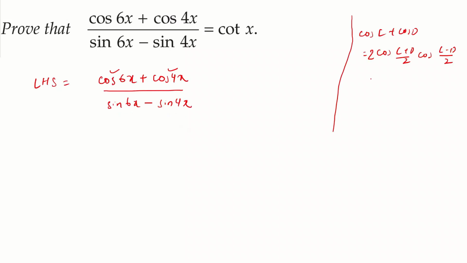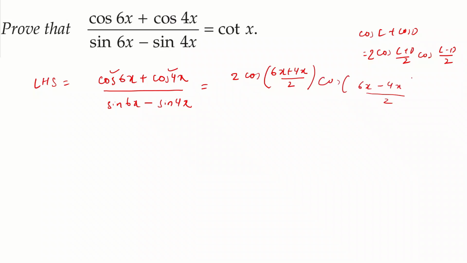Okay, so cos c plus cos d is 2 cos (c plus d)/2 cos (c minus d)/2, and then we just replace it over here. It's 2 cos (c plus d)/2 cos (c minus d)/2, and then in the denominator we'll again have to apply the formula, but this time the formula is sin c minus sin d, because this is sin minus sin.